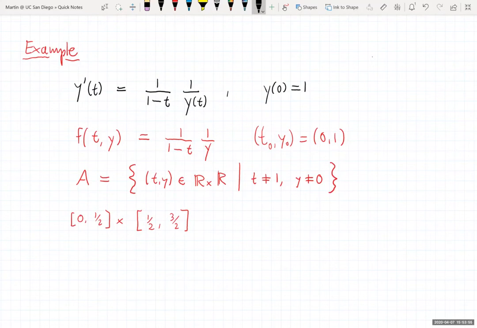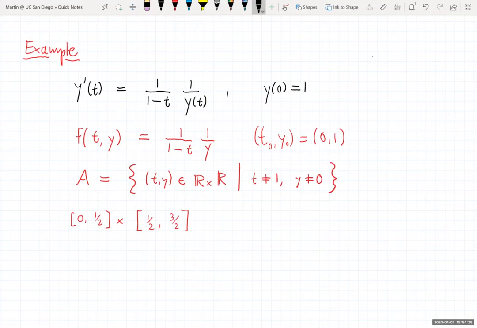Now, in this case, the right-hand side is a function in t and y, namely f of t, y is equal to 1 over 1 minus t times 1 over y. And the initial condition is t naught and y naught equal 0 and 1, respectively. Now, this function f is not defined for all possible values of t and y.